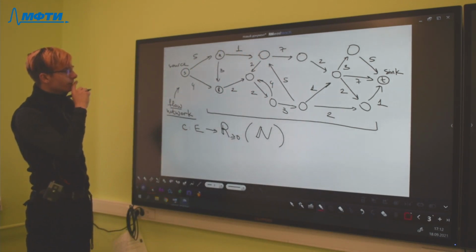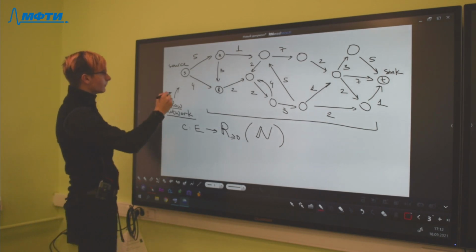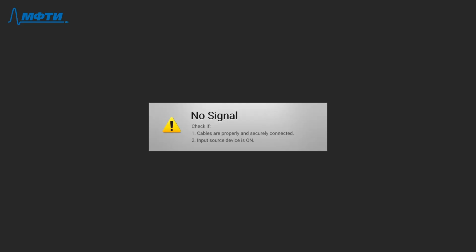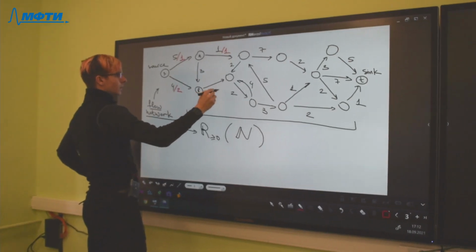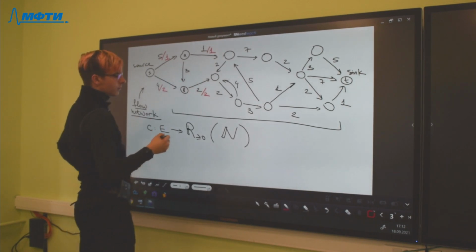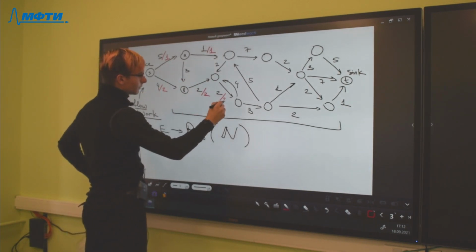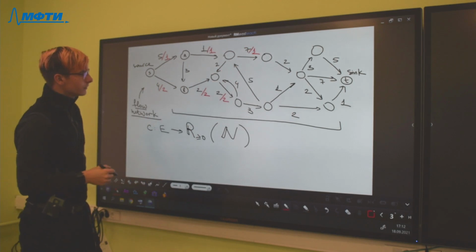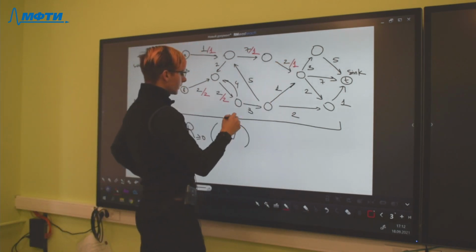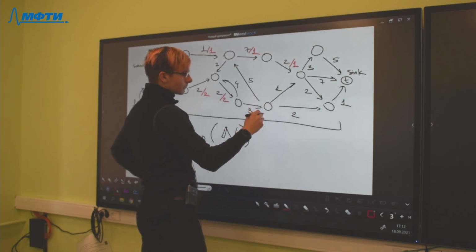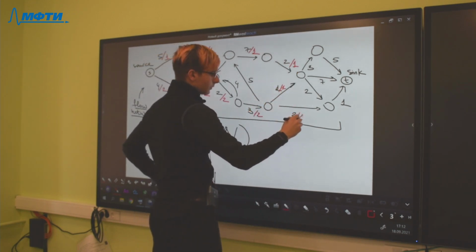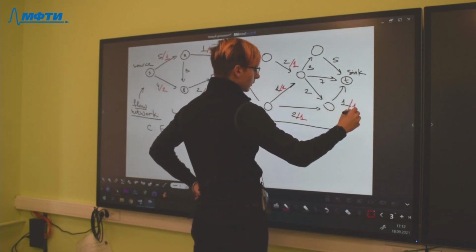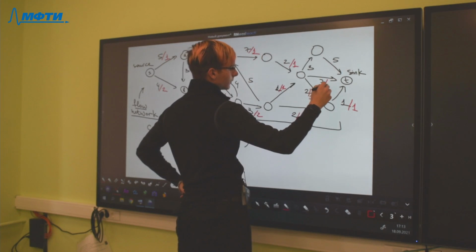And for example, I can draw some flow. For example, 2, 1, 2, 2, 1, 2, 1, 1, 1, 1.